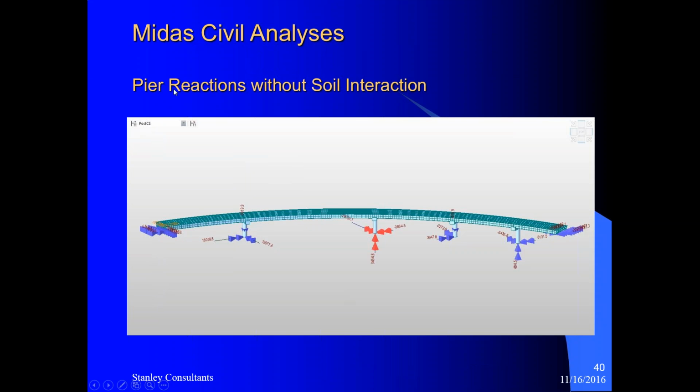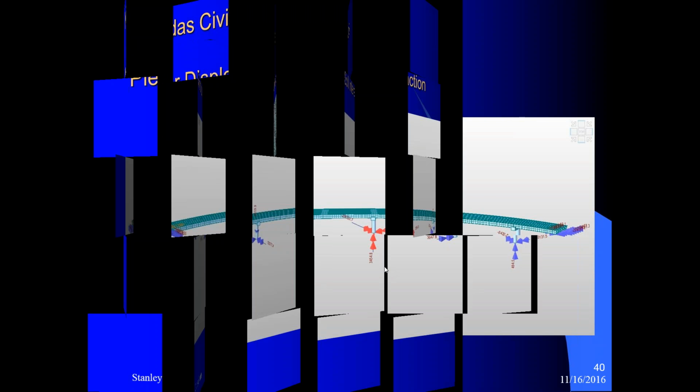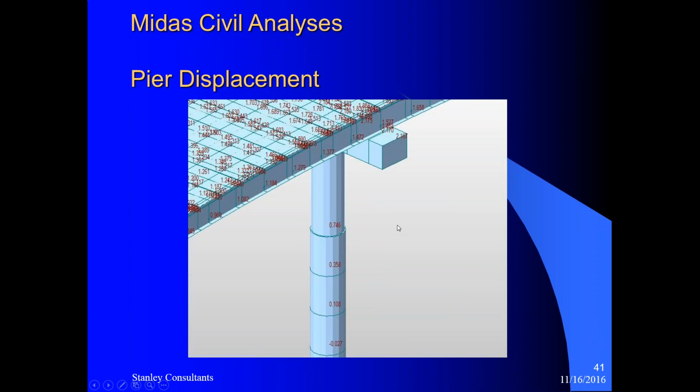And this is the pier reactions without soil structure interaction, which was done with the original Wizard model. And then this is the pier displacements using the complete model with the soil structure interaction considered.